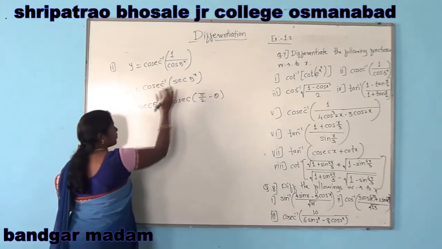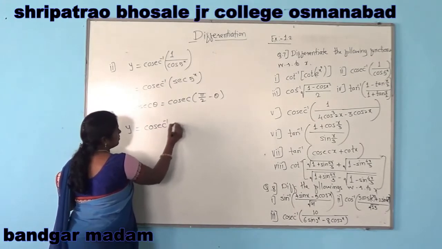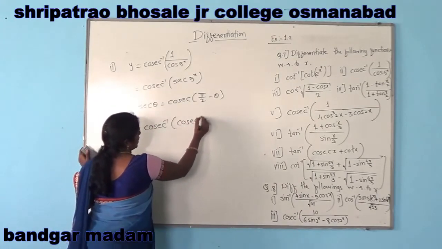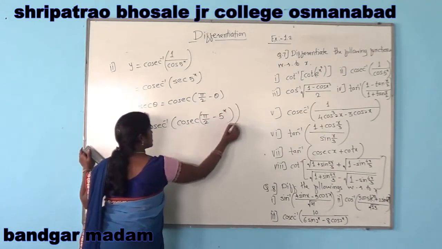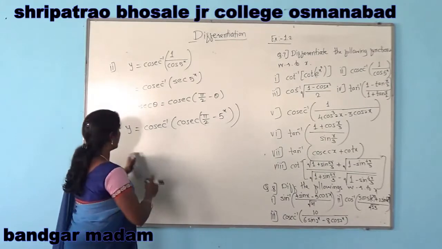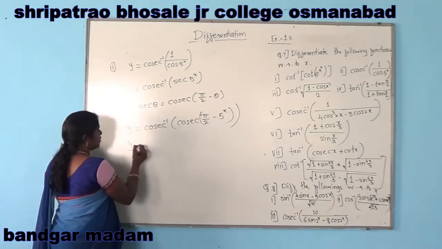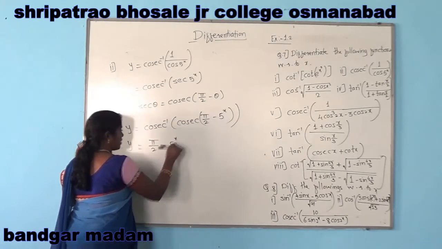So using this formula, we get y is equal to cosec inverse of cosec of pi by 2 minus 5 raised to x, where theta is 5 raised to x. Now we can cancel cosec inverse and cosec, and we get the simplified form of y, that is y is equal to pi by 2 minus 5 raised to x.